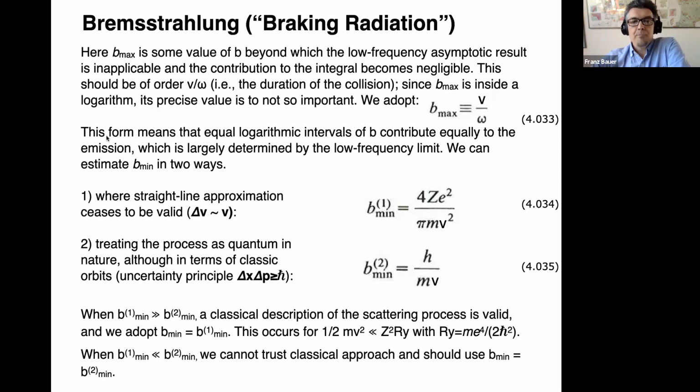Okay, for the minimum, we could choose two things. And again, we can choose this straight line approximation. So this delta v is more or less going to be proportional to v. And this approximation will fail when this ceases to be valid.